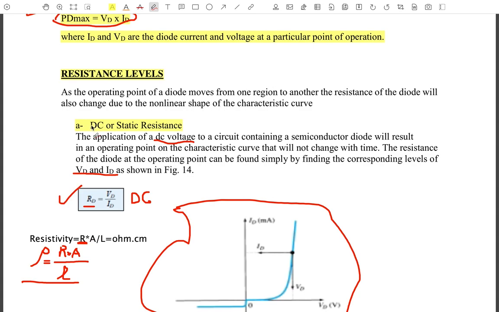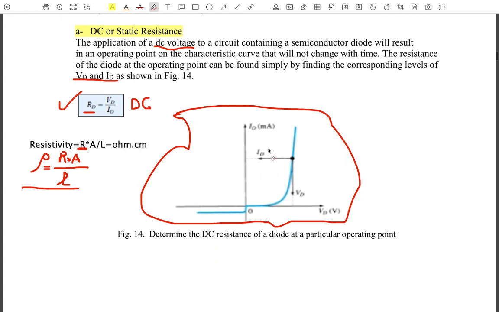First one, DC, direct current or static resistance. This is the curve if we have a diode and we apply VDC.